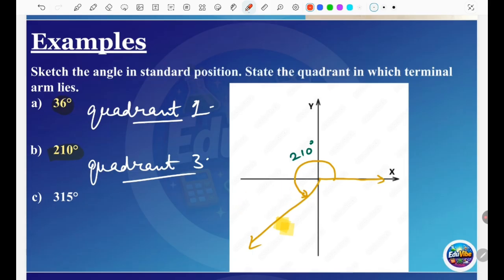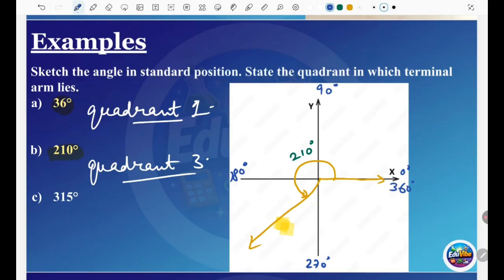So from here we can start thinking about the reference angles, and the standard position angles are also related topics. To find this angle, you always know that this is 0 degree, this is 90 degree, this is 180 degree, this is 270 degree, and this is 360 degree.